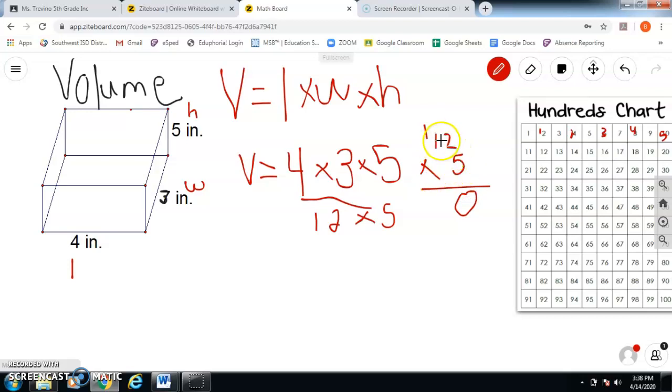And then 5 times 1. Let's use a different color. So 5 groups of 1. 1, 2, 3, 4, 5. That's 5 plus 1. That is 6. Okay, so V equals 60.